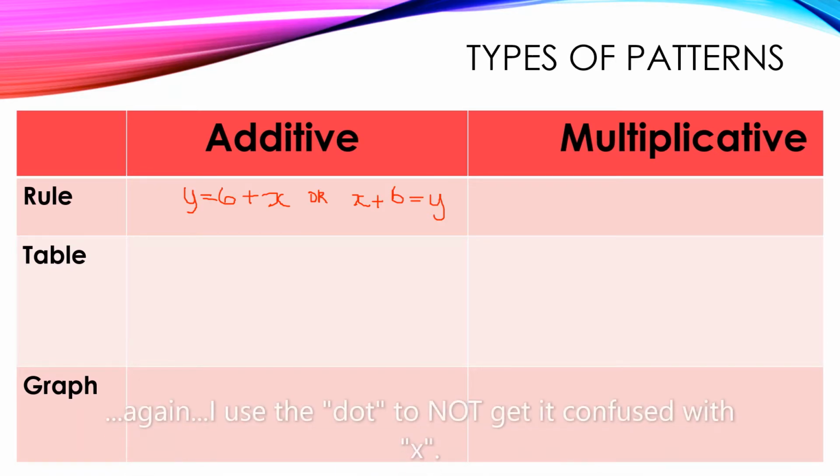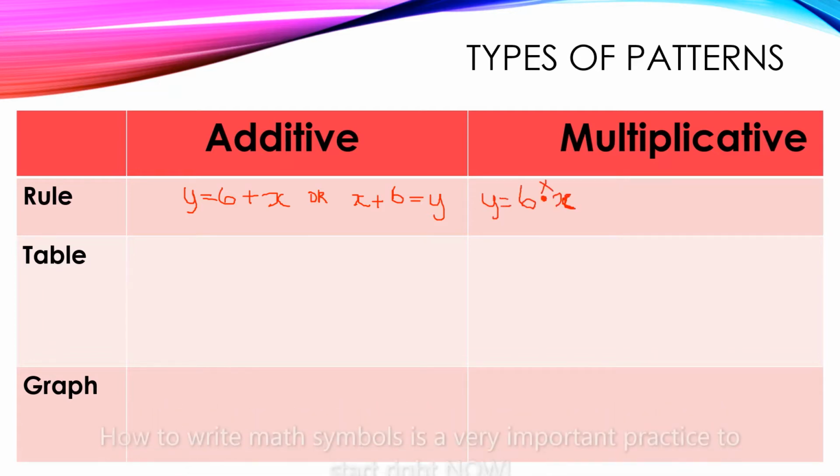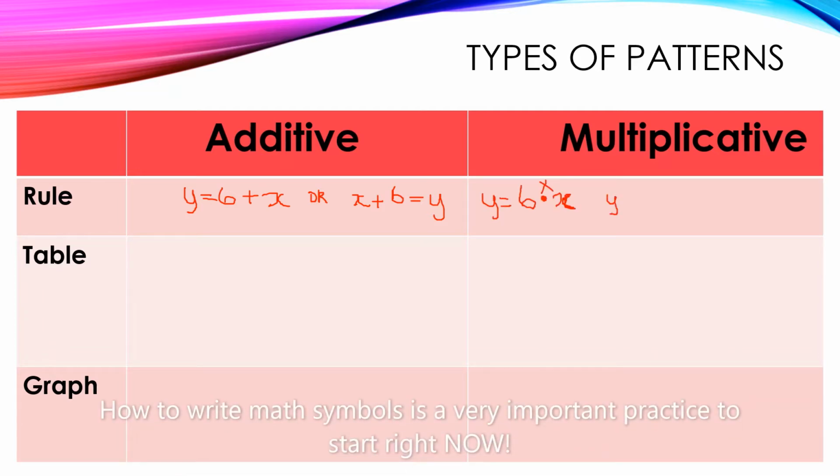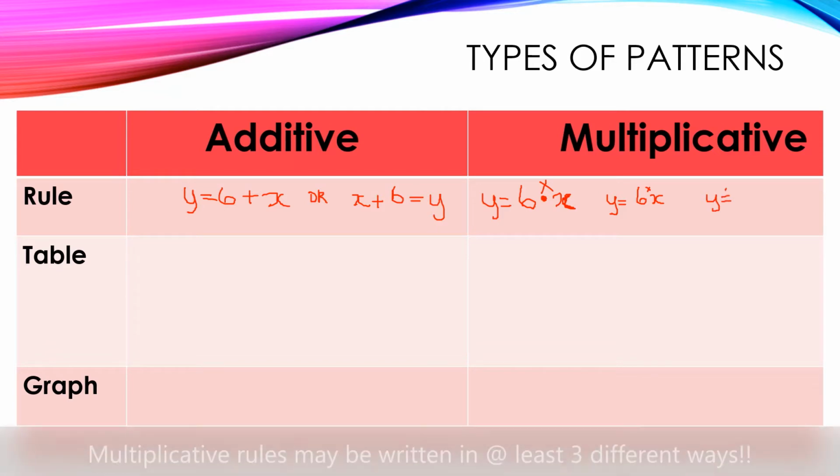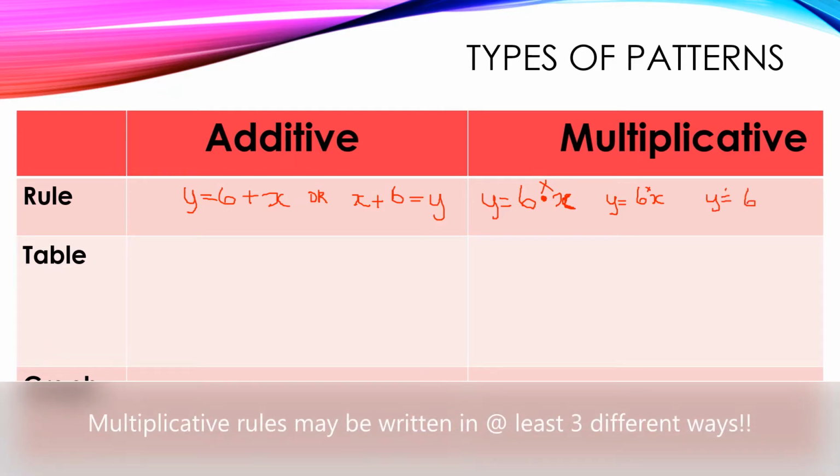For a multiplicative rule, we can also have y equals 6 times x, or it may also be written like this: y equals 6x. When there are no operations between the number and a letter, it's a multiplication operation between these two. Or sometimes you may also see it written as y equals 6 parentheses x, and they all mean the same thing.